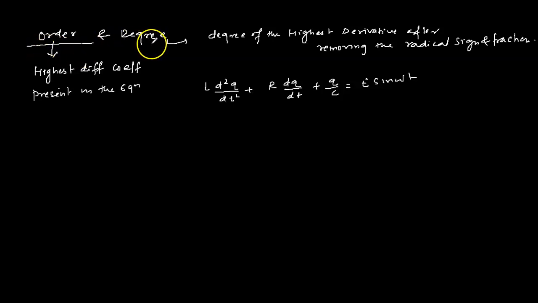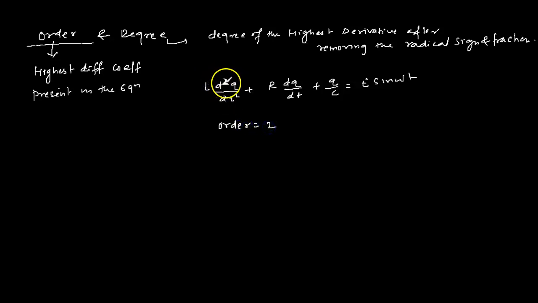What is the order and degree here? Order is the highest differential coefficient. Here we have the second derivative, the first derivative, and q without a derivative. The highest derivative present is the second, so order is equal to 2.